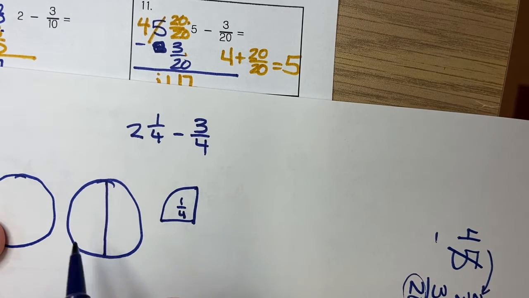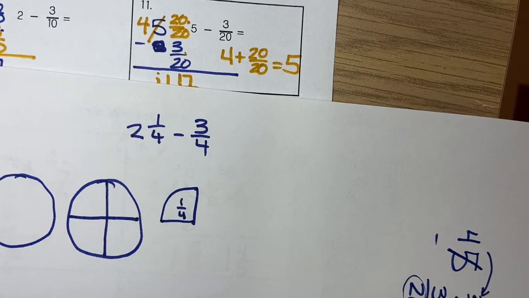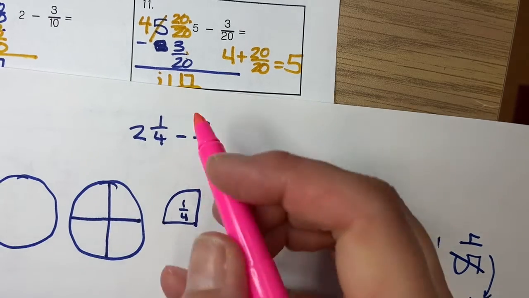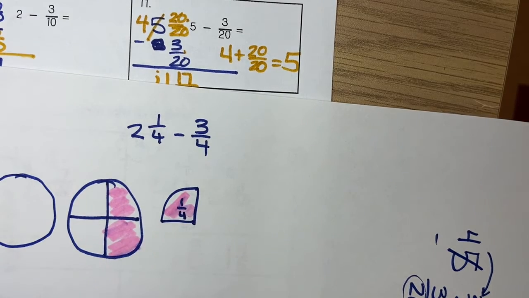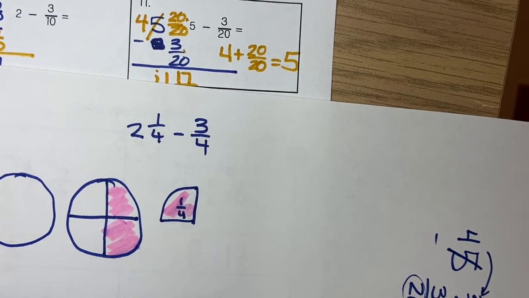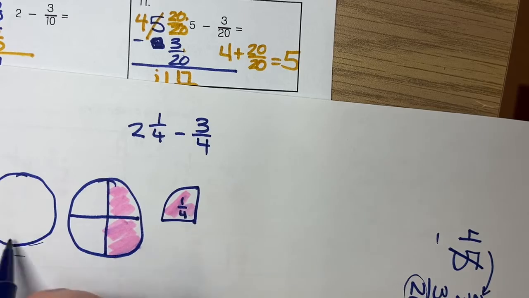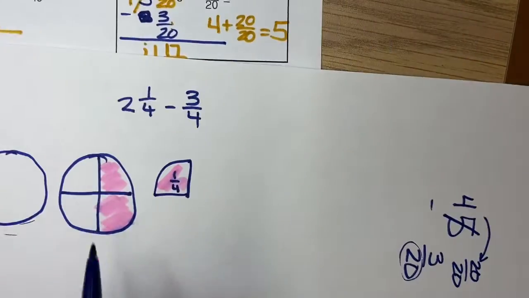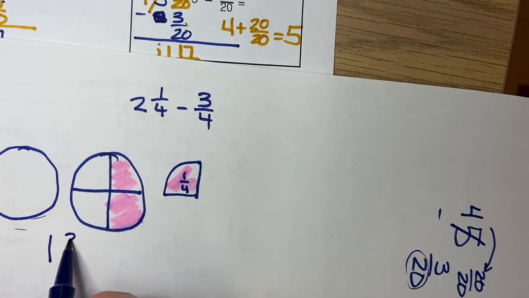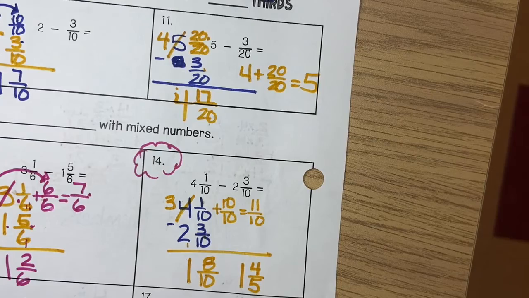So if I split this into 4s, I could take away 3/4 now. Here's 1/4, 2/4, 3/4. So I still needed that 1/4, right? So now I was left with 1 whole, and I wrote 1/4 instead of 2/4, you guys, I'm sorry, and 2/4, so 1 and 2/4, which we know is 1 1/2. Okay, so that's how that works.